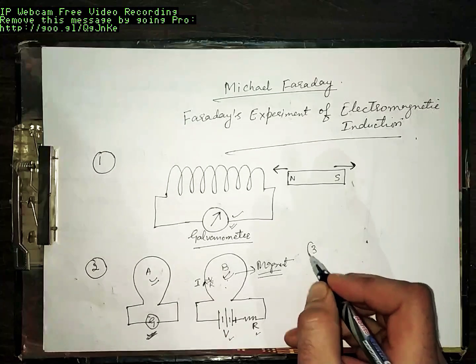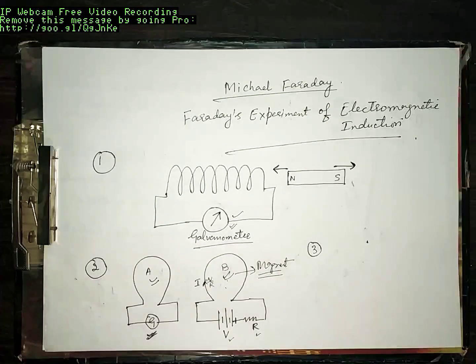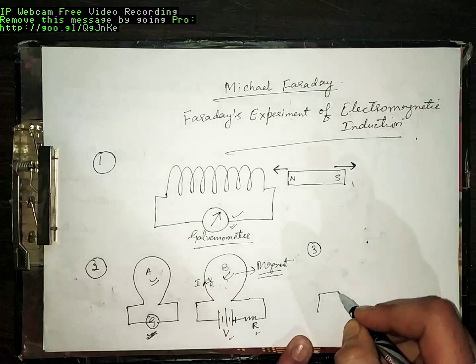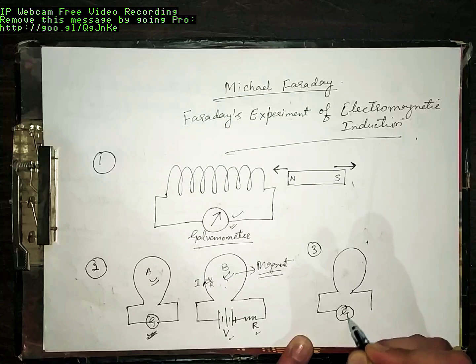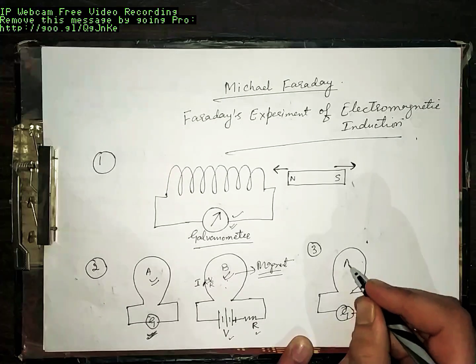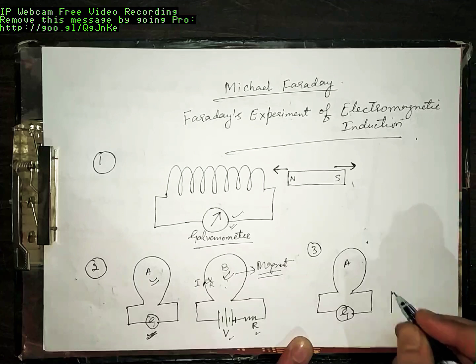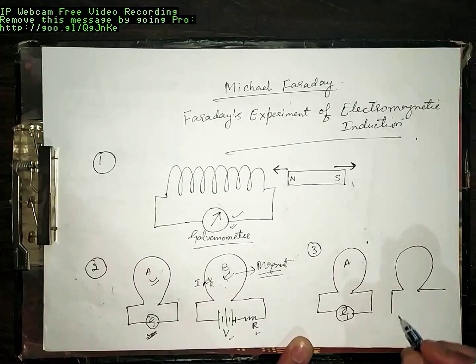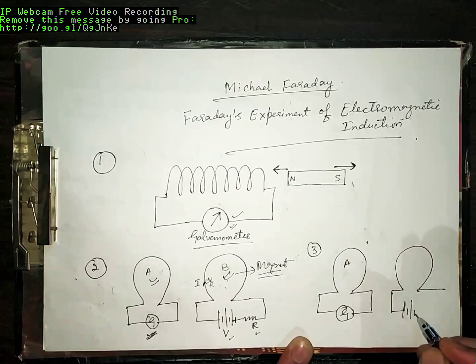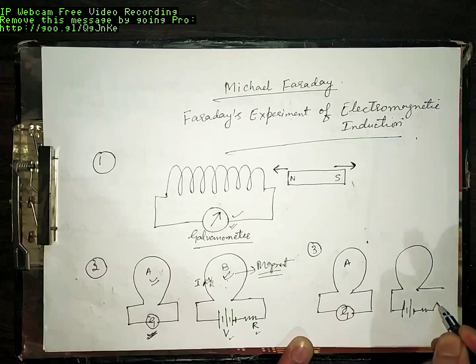Third experiment. In the third experiment, Faraday again took a coil here, connected the galvanometer G, took another coil over here, connected the battery over here, and used a switch over here.